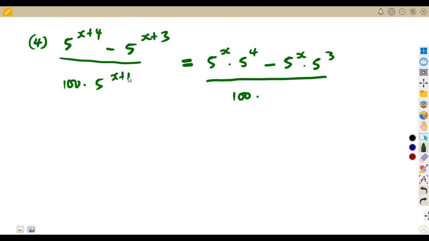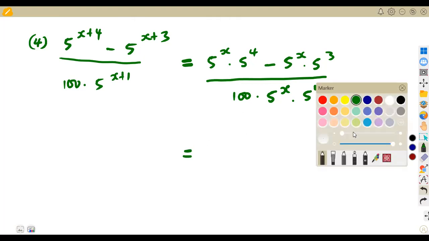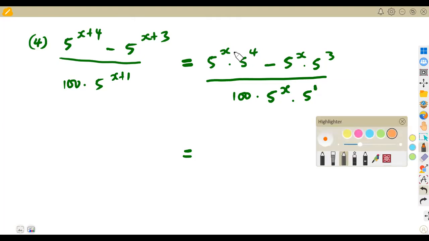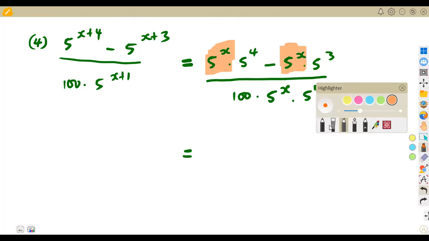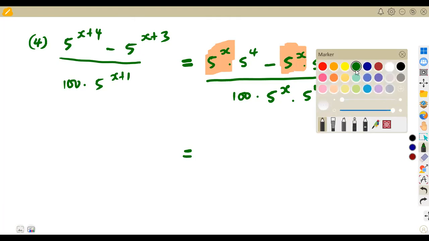So you want to separate this one here. So it's going to be 5 to the exponent of x times 5 to the exponent of 1. So this now gives us the power to factorize because we can see the same thing common in the numerator here. This one, same thing common also here. So we can factor that common term so that we can see what will be the answer there.